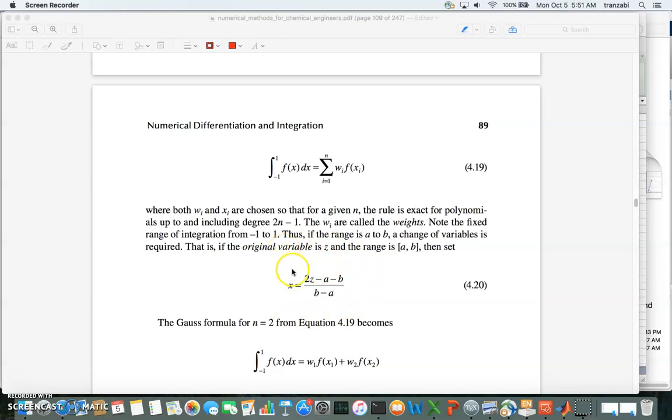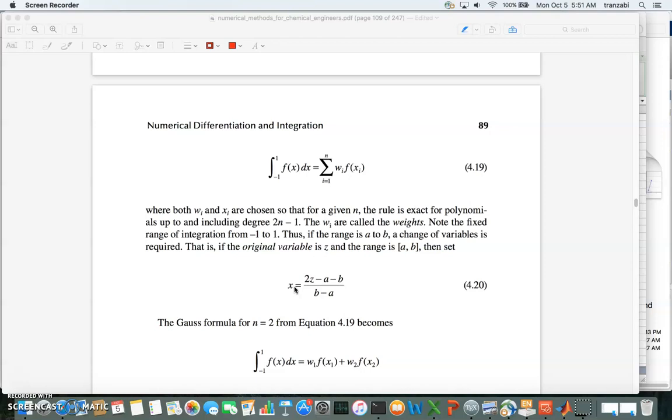When z is a, if you do the math for the numerator, the result is a minus b divided by b minus a, which gives -1. And when z is b, we get b minus a over b minus a, which is 1. So this is the conversion from a to b to -1 to 1.